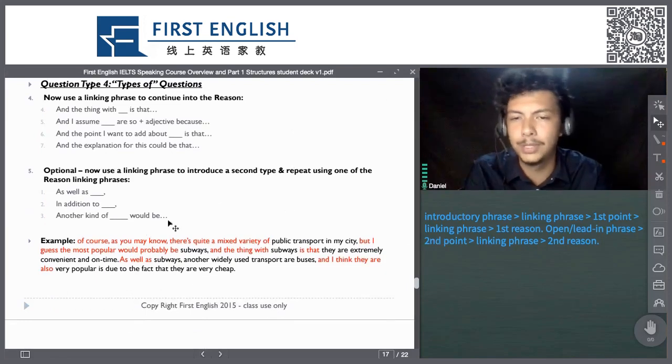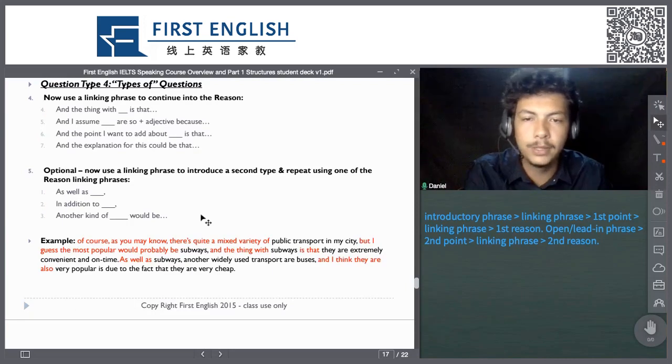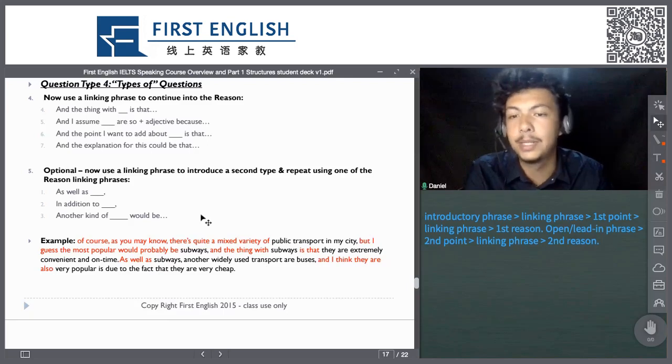The example answer to this would be, of course, as you may know, there is quite a mixed variety of public transportation in my city, but I guess the most popular would be subways. And the thing with subways is that they are extremely convenient and on time. As well as subways, another widely used transport are buses, and I think they're also very popular due to the fact that they are also very cheap.